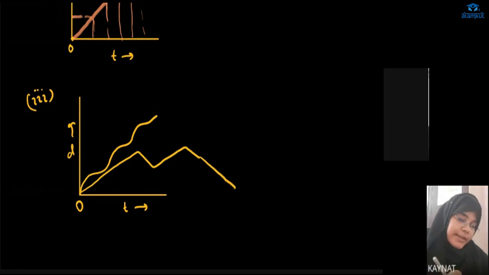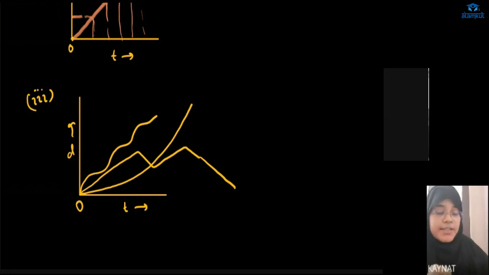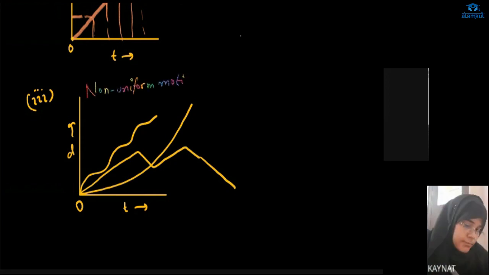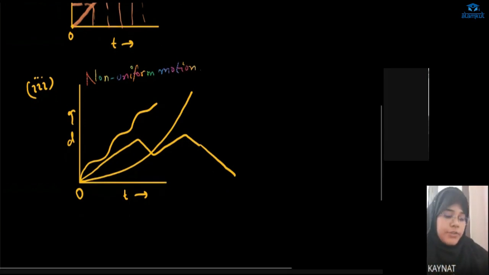All these curves represent non-uniform motion, because it is not certain when the distance is increasing and when it is decreasing along with the time. That is why all these types of graph represent non-uniform motion, any of them.